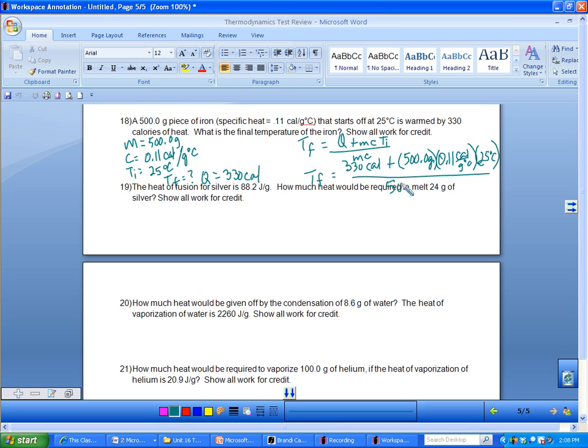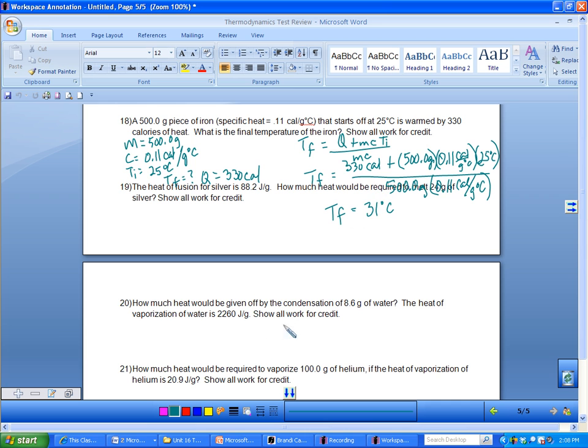M was 500 and C was 0.11. So I did the math across the top, and when I did that, I solved for my final temperature and I got 31 degrees Celsius.